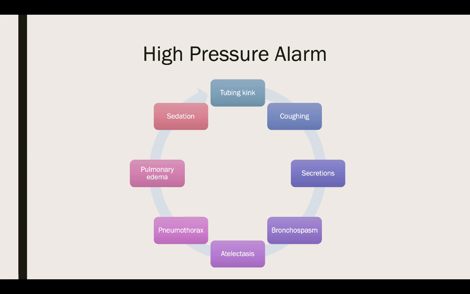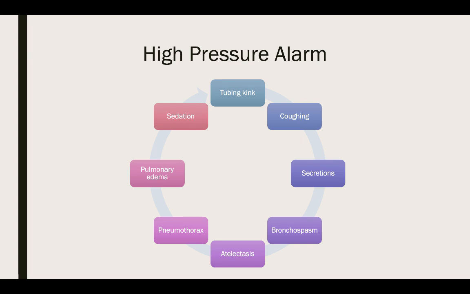With your high airway pressure alarms, this is your vent telling you that it's taking a lot more pressure than it should to push in a breath. So we're going to be evaluating our patient first, but most of the time there's maybe a tubing kink. There's a kink in the vent circuit, in the vent tubing itself. Sometimes your patient just coughs during a breath.